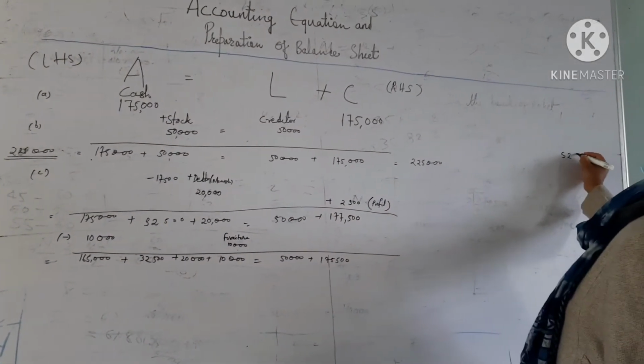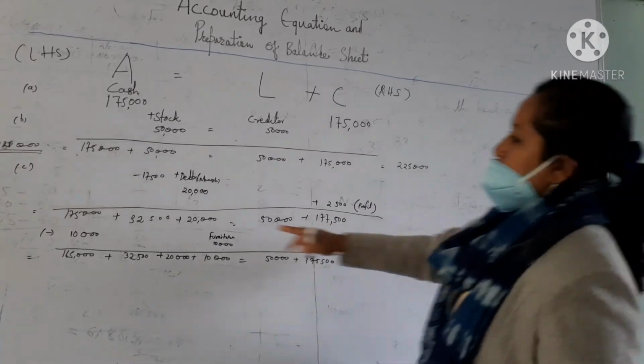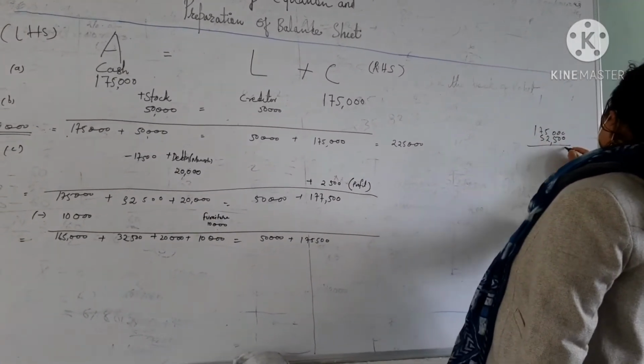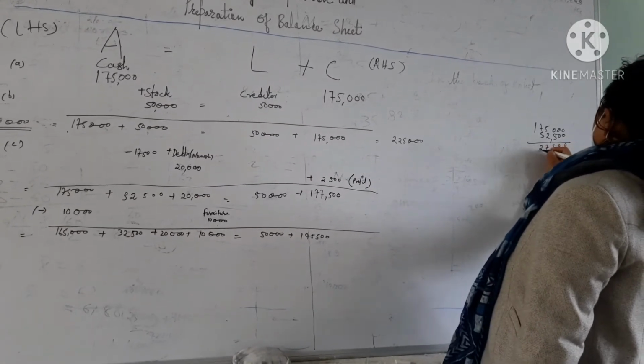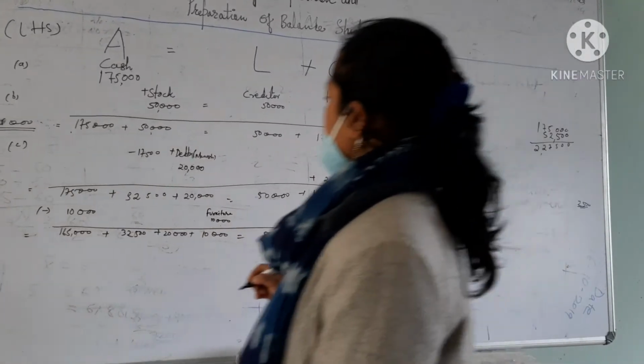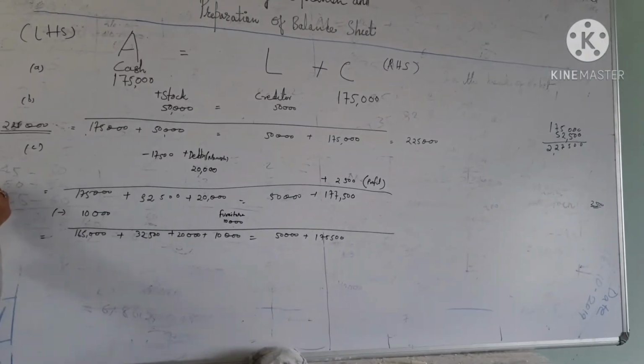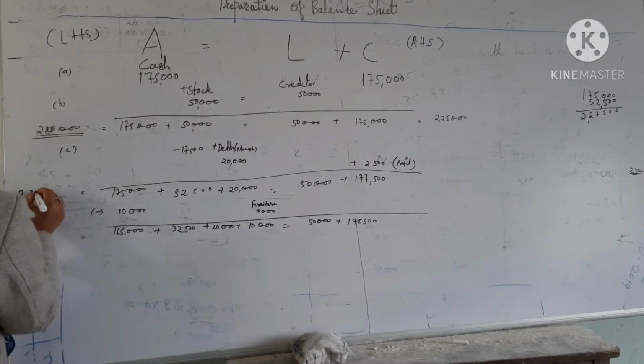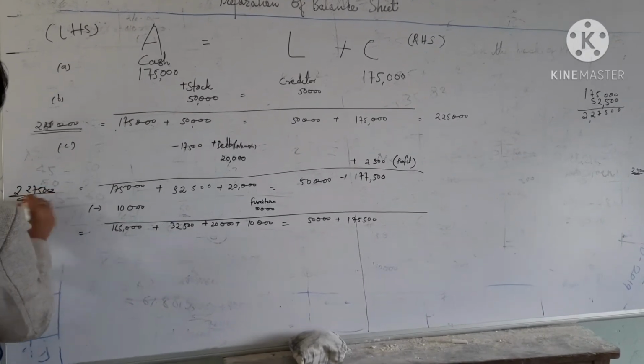Here you can do this working note. 52,500 plus 1,75,000, how much will it be? 2,27,500. This is in the left hand side.